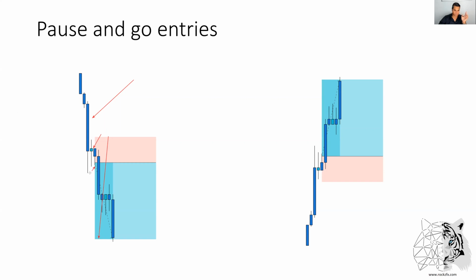Not wick rejections and pin bars and bullish candles to the upside. First candle will be created. Price may peek it on the second candle at times. But if price does not pull back strong, there is a very high chance price will continue down and vice versa. If price is pushing strong up, pauses, even if it brings a little wick here, there's a high chance it's going to go up. Does this make sense, guys?